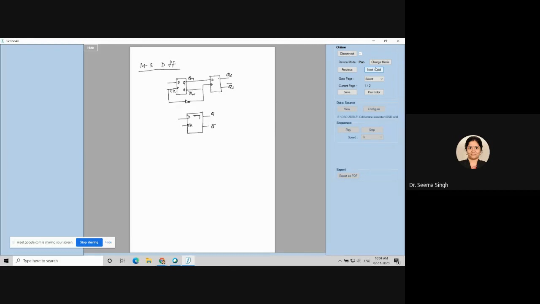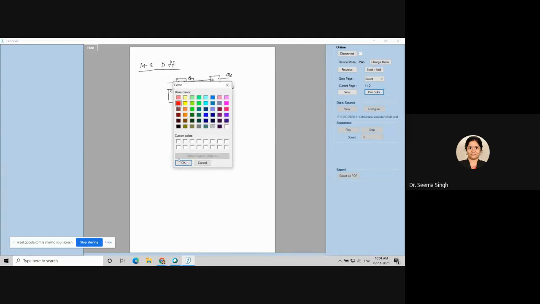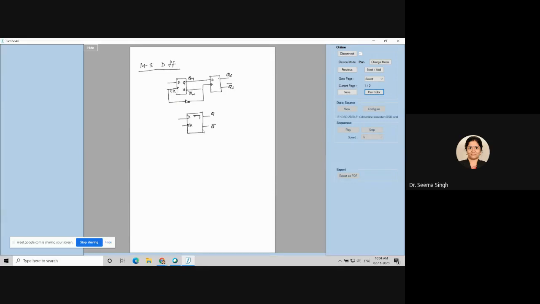This long pulse, I will highlight it with a different color. This long pulse shows that it is a master slave flip flop. So this is the master slave flip flop for D.